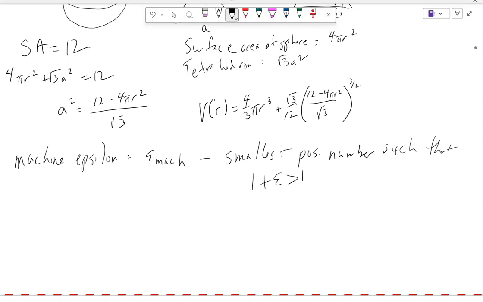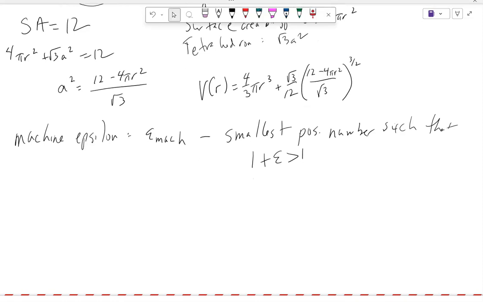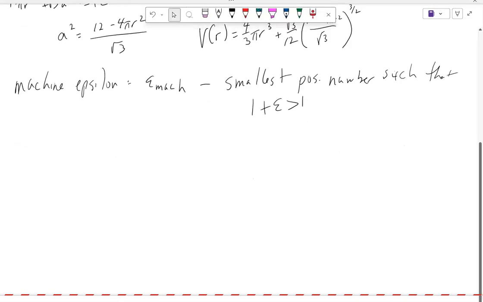So just to give you a quick example of that, maybe you don't have a very good machine, maybe it only holds, say, 6 significant digits.